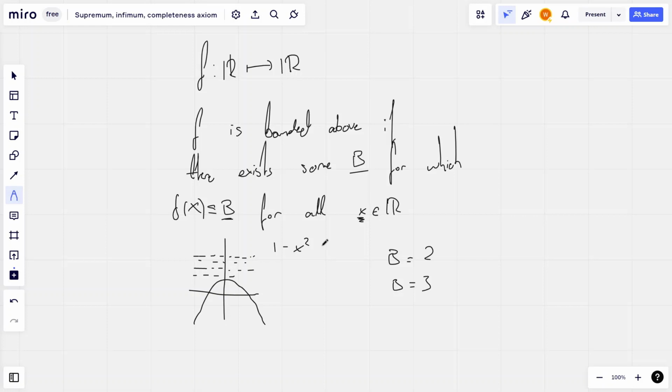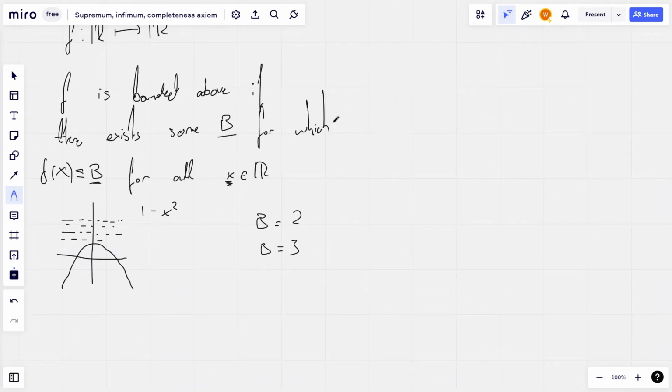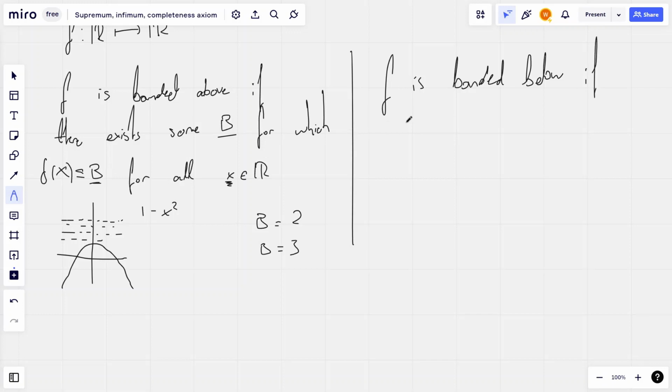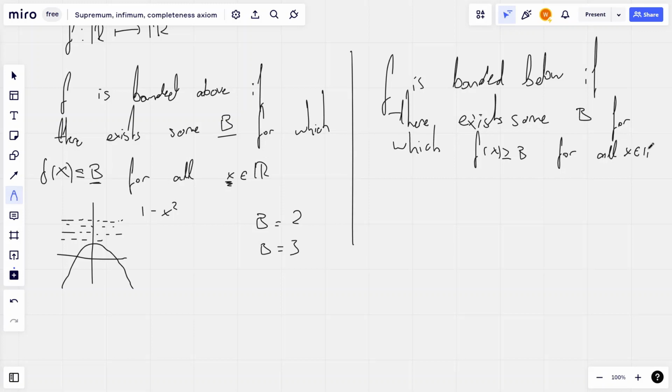Now we say that f is bounded below if there exists some b for which f(x) is greater than or equal to b for all x in R. So this is just the same definition as before, but with the opposite side, which makes sense.